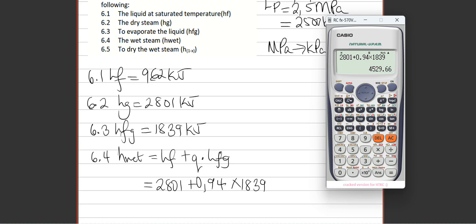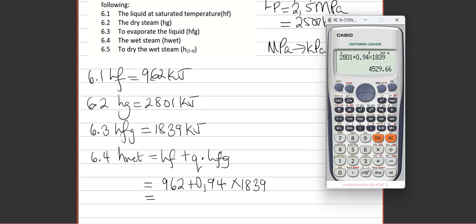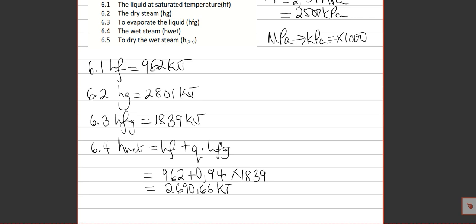I flopped my HF. I substituted the wrong value. Here's HF, it's 962. So let's change this number. 962 plus 0.94 times 1839 gives 2690.66 kilojoules. We're multiplying all these values by 1, that's why we're not writing per kilogram.